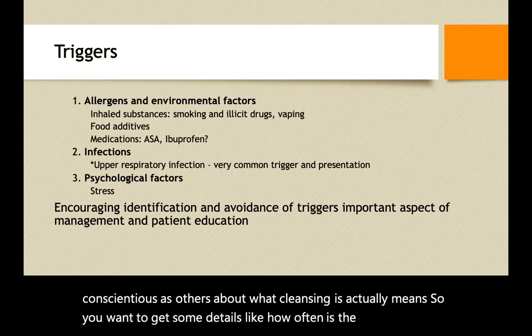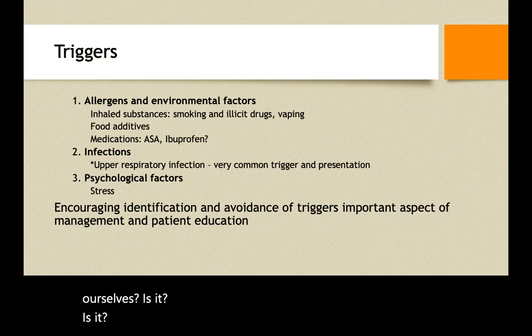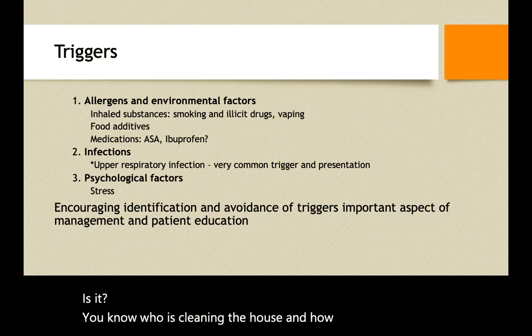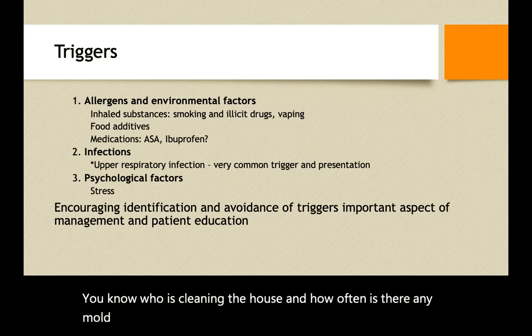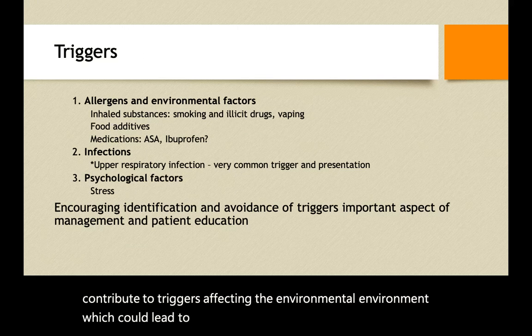How often is it mopped? Do we have a cleaning lady? Do we clean ourselves? Who is cleaning the house and how often? Is there any mold issues, any leaks? So, these are all factors that could contribute to triggers affecting the environment, which could lead to allergens that are triggering asthma.